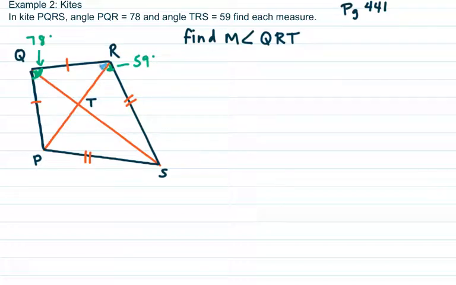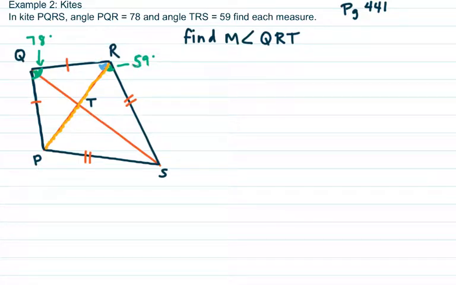Now remember that sometimes this diagonal PR, I'm gonna highlight it here, PR, this does not necessarily bisect the angles. So just because this side is 59 doesn't mean this side's gonna be 59. Okay, so let's try to figure out what it's going to end up being.